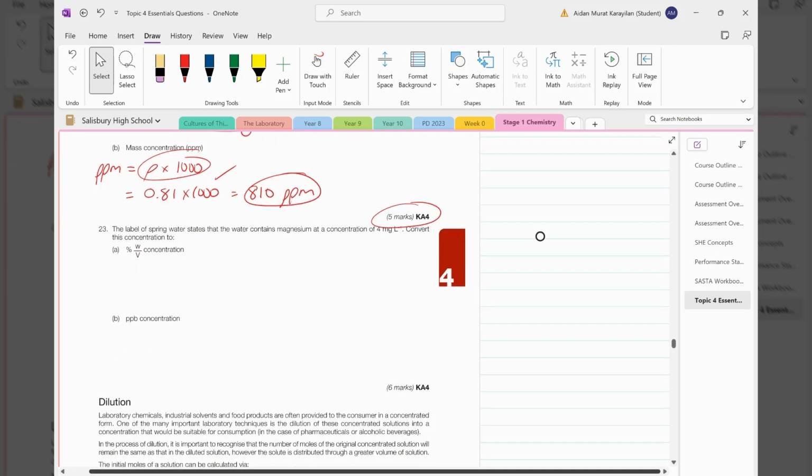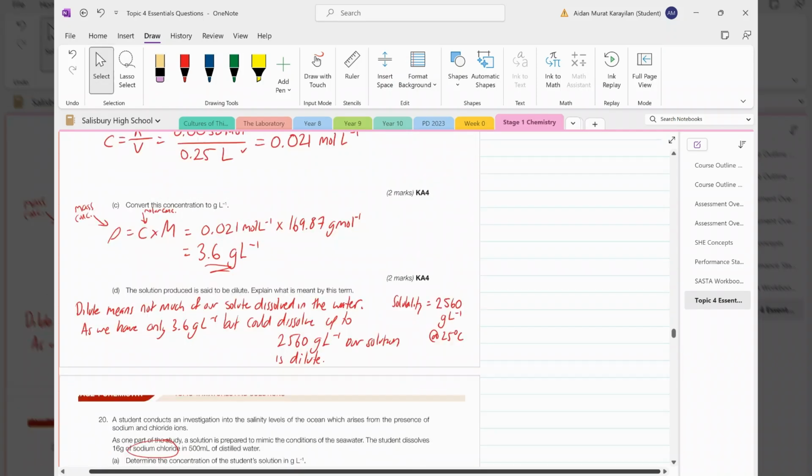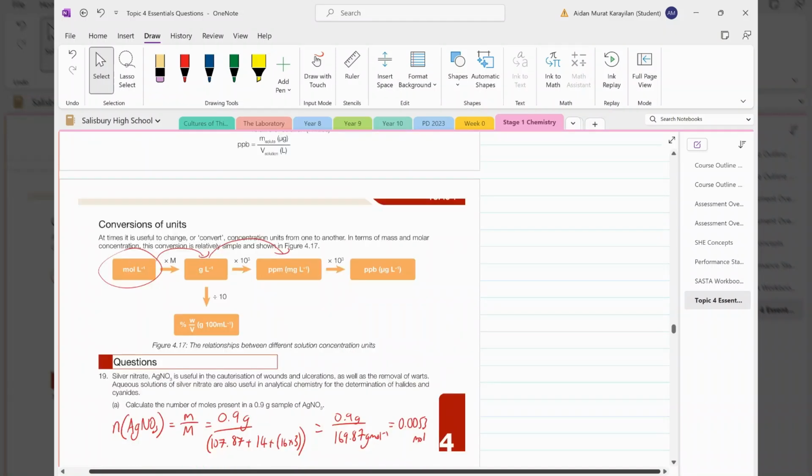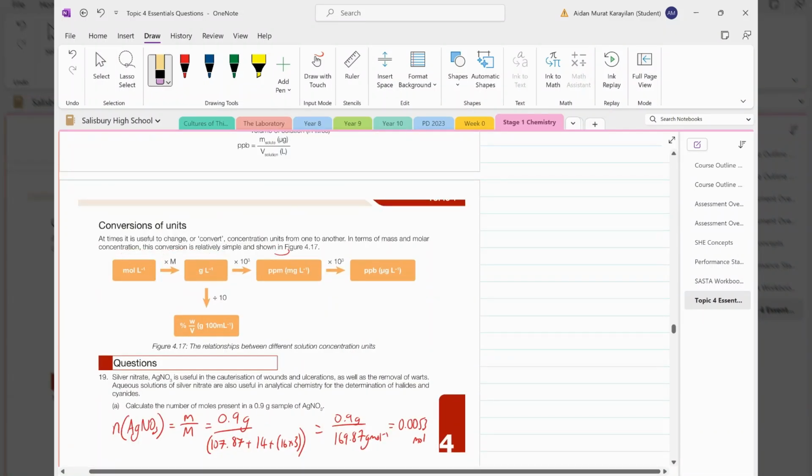The last bit is question 23, and it says the label of spring water states that the water contains magnesium at a concentration of 4 milligrams per litre, and it's asking us to convert this concentration into other values. So 4 milligrams per litre, if we go up to here, milligrams per litre is the same as ppm, and it wants us to work out our answer in ppb and percentage weight to volume.